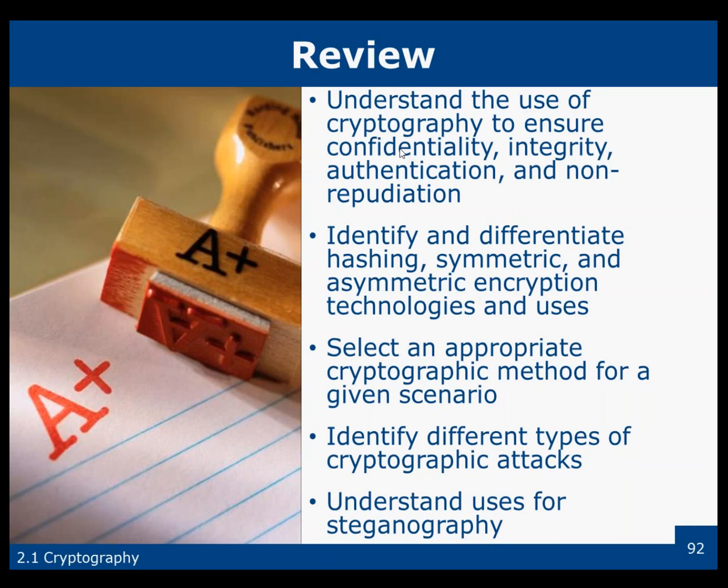Identify different types of cryptographic attacks and understand the use of steganography. When you get ready to take the test for the encryption algorithms, what I would do is say everything is this except, and learn the exceptions. As you saw on the list, most of them were symmetric algorithms, so you may want to go from there and learn the others.